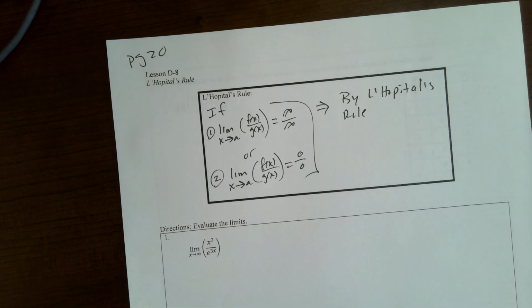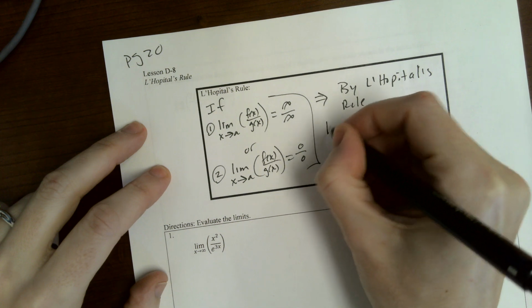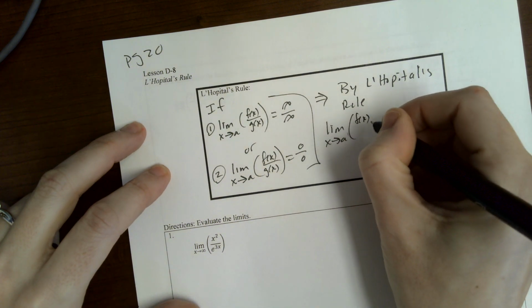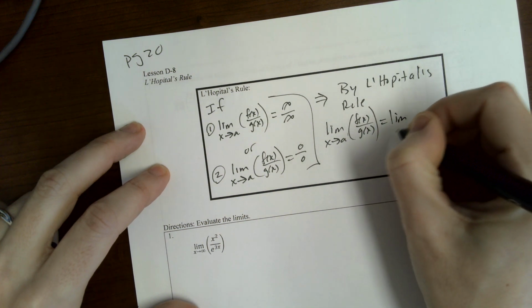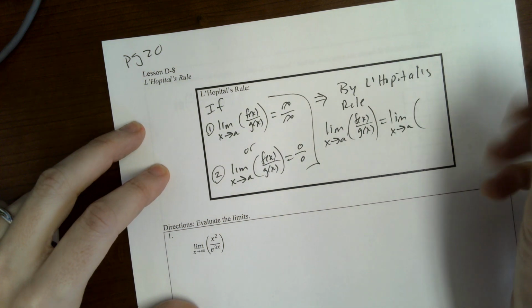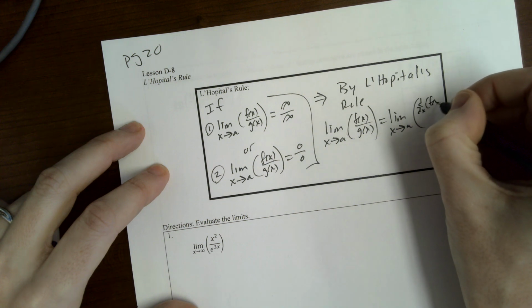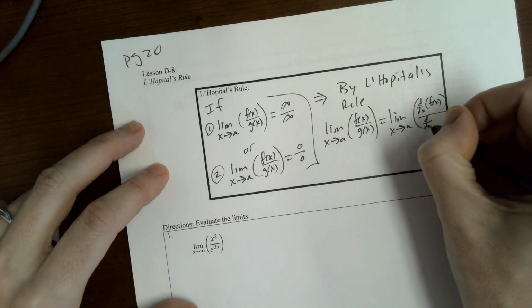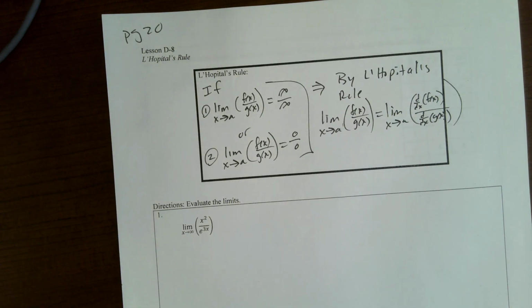So therefore, by L'Hopital's rule, the limit as x approaches a of f of x over g of x is equal to the limit as x approaches a of the derivative of f of x over the derivative of g of x.